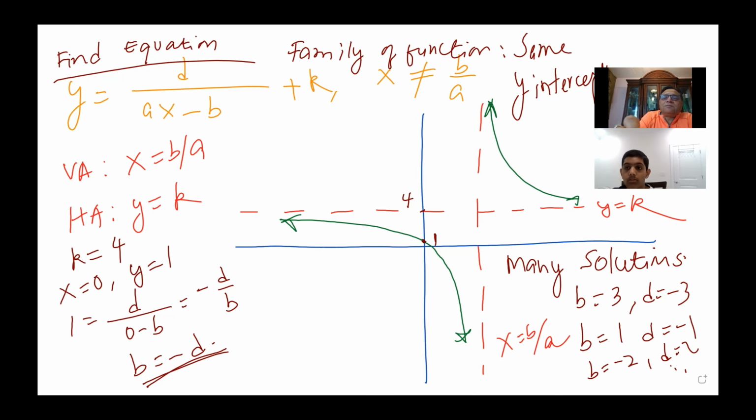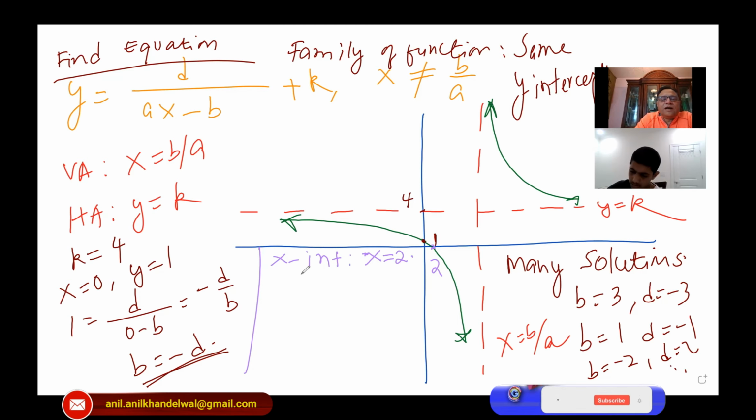Now, if I add a parameter to it and I say that, well, now find the graph. If I have the x-intercept, which is at 2, now tell me, x-intercept at 2, what is the equation? Okay. So y is 0, right?